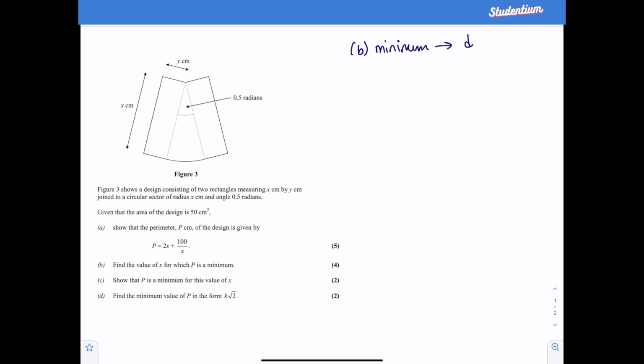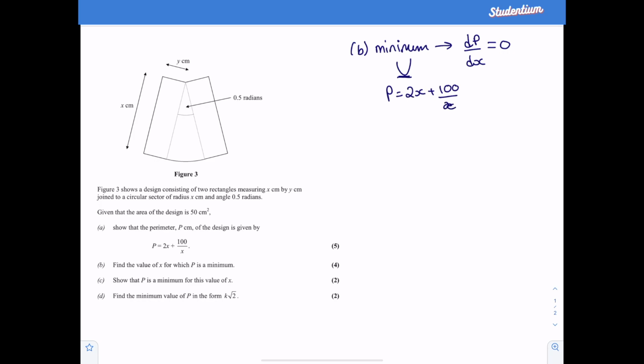So in this case, that would be dp dx, but of course that might be dy dx or something else. So find that differential and put it equal to 0, because remember, at a minimum point, the gradient is 0. So here then we need to differentiate this equation for p equals 2x plus 100 over x.